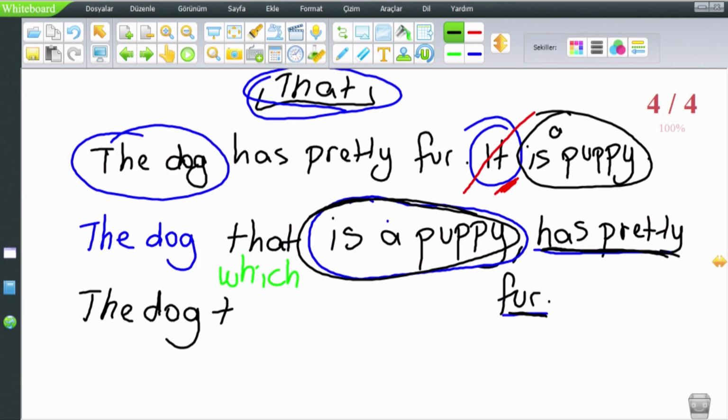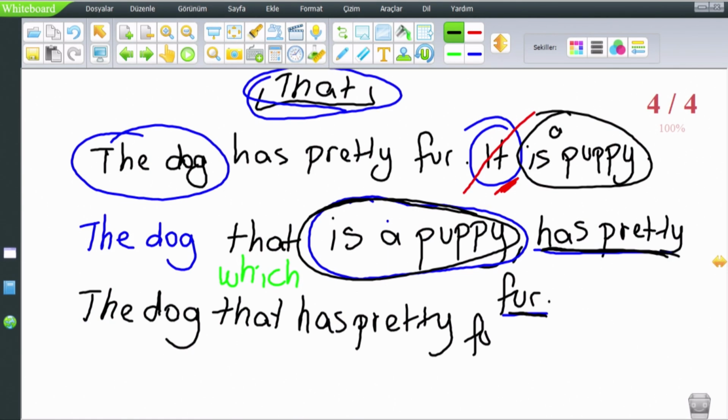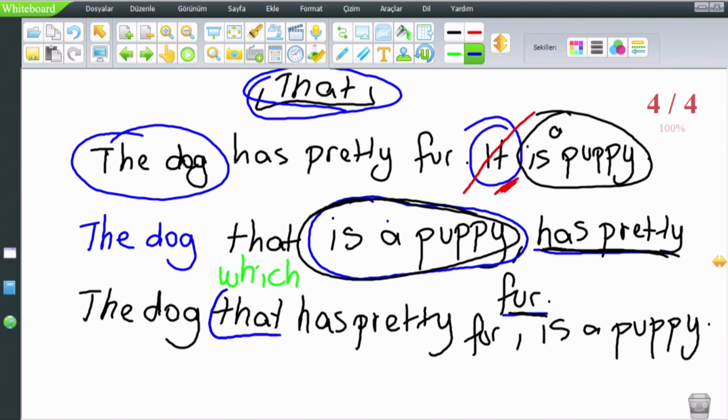The dog that has pretty fur is a puppy. So, what I can understand from here is that the extra information should come after our relative pronoun.